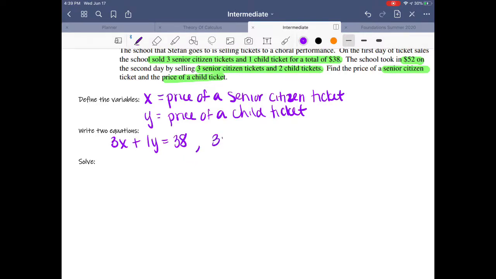Then on the next day, 3 senior tickets that cost the same amount and 2 child tickets that cost the same amount as the previous day is a total of $52. Now I have my 2 equations, and I can choose a method.